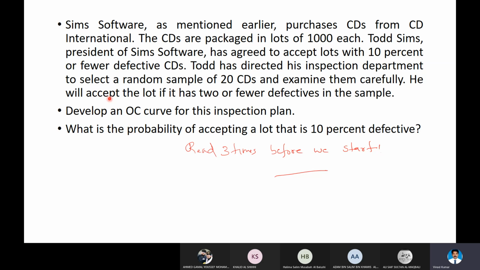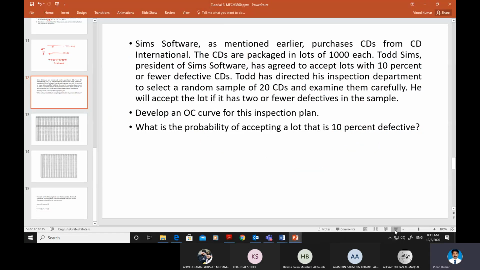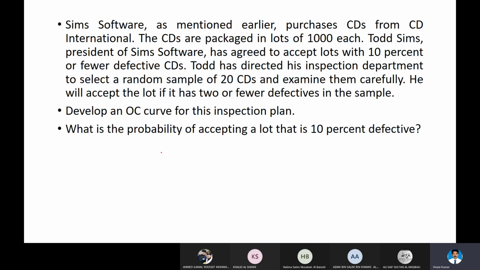So if I write the given values, capital N is the number of products in the lot. Small n is the number of samples selected. C, the acceptance number, is equal to 2. That means from 1000, we select 20; if the number is less than or equal to 2, accept, otherwise reject.